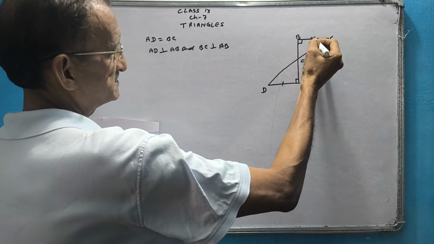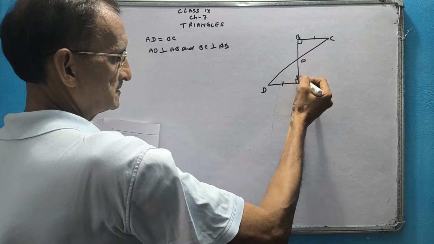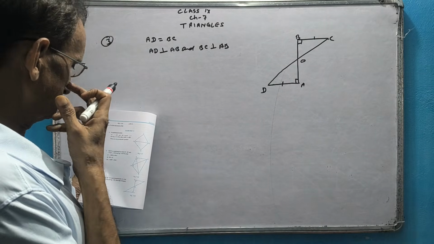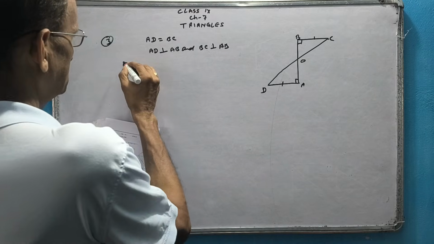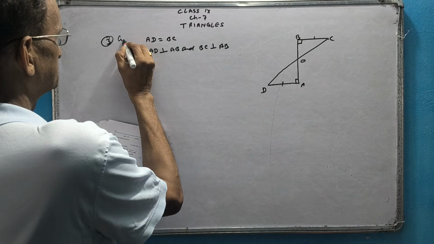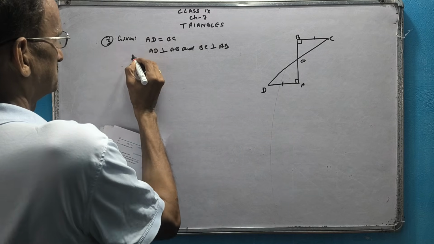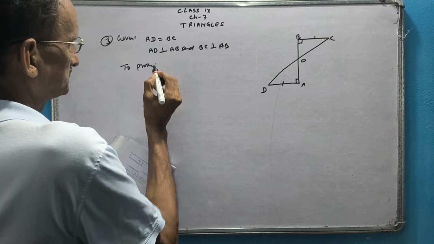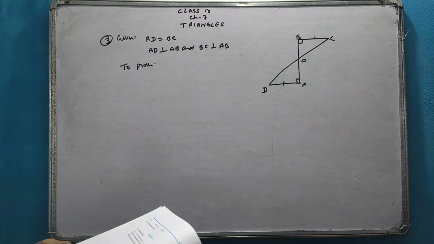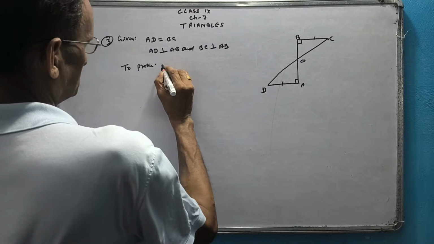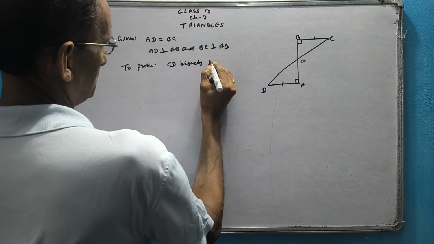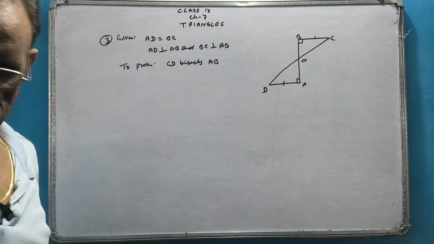Both AD and BC are equal and perpendicular to AB. Okay, this is only given. But now we need to prove CD bisects AB. We need to prove CD bisects AB. This is the question.